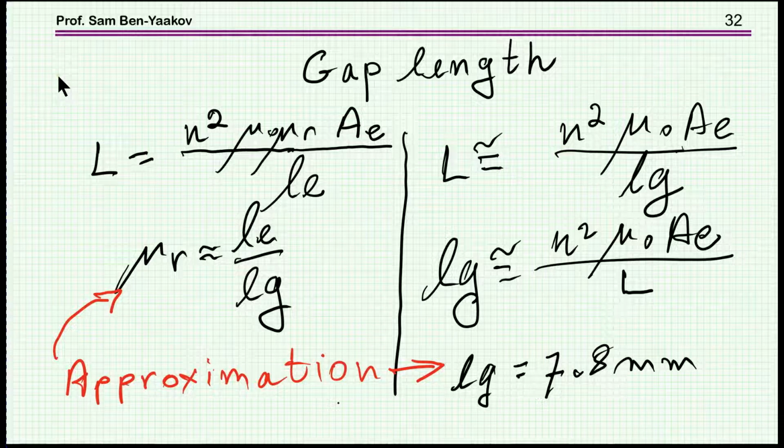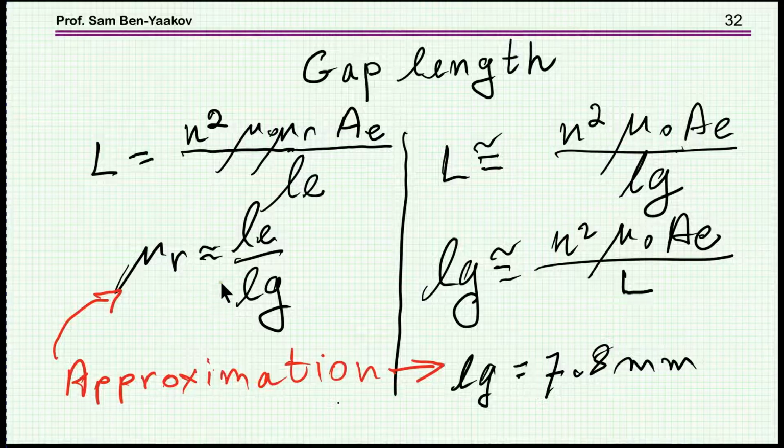So now we have to adjust the gap. We can estimate the gap length in the following way. The inductance of the inductor is equal to the number of turns squared, mu, cross-section area of the core, over the magnetic length.